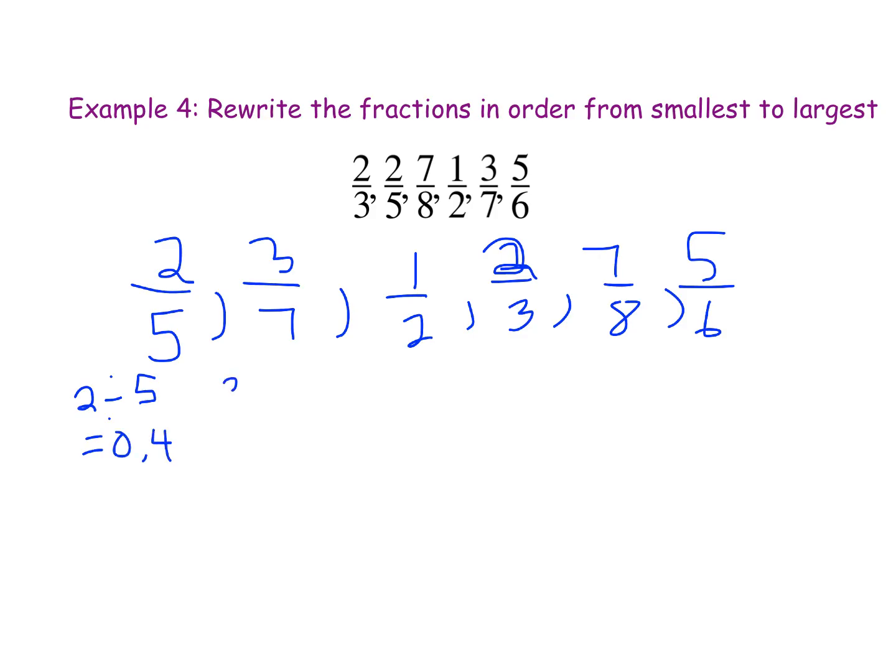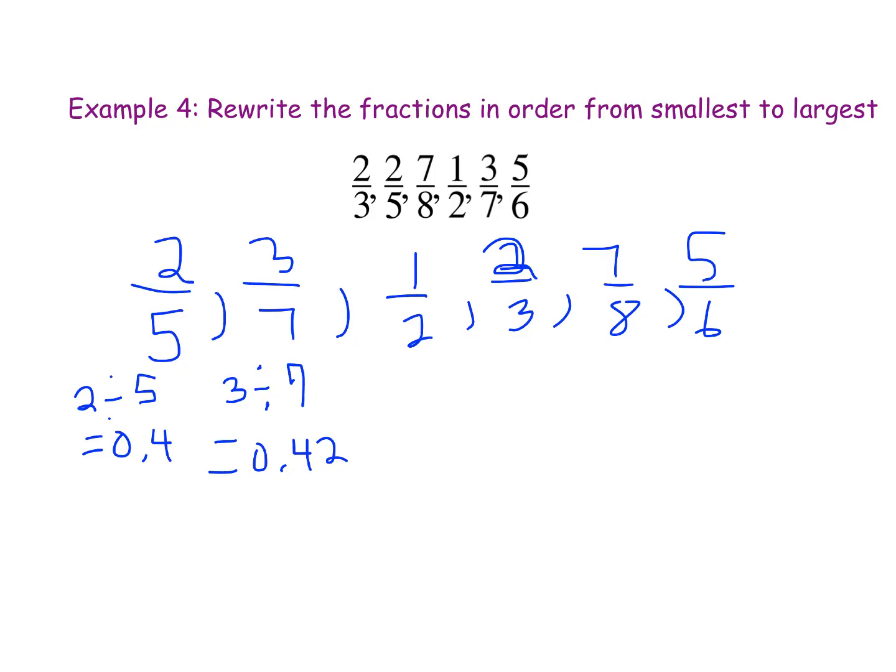And if I do the same thing with 3 divided by 7, I'm going to get 0.42. That tells me that the second number, 3 over 7, is just a little bit bigger than the first number, 2 over 5. So it turns out we had them in the right order from lowest to highest.